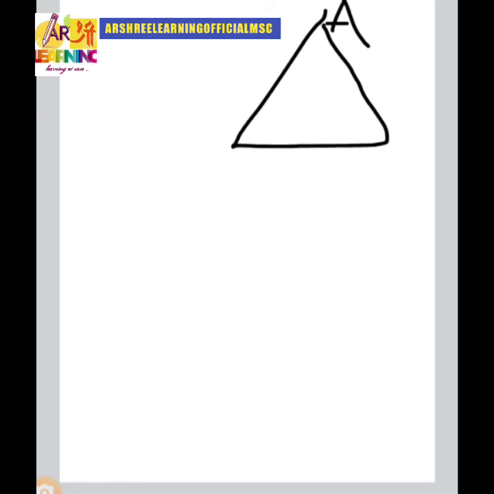Yes, now children, the equilateral is simple. An equilateral triangle, as you know, is a triangle which has all three sides equal. So since all three sides are equal, all three angles will be equal. So how will you know what is the measure of each angle? You have done it earlier.